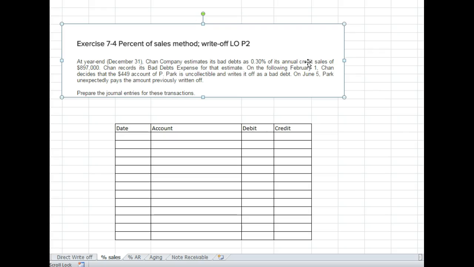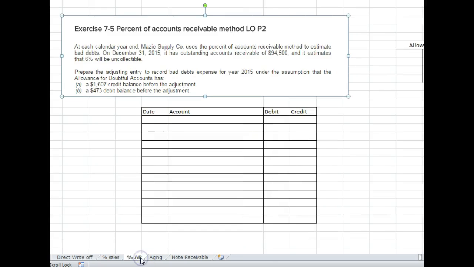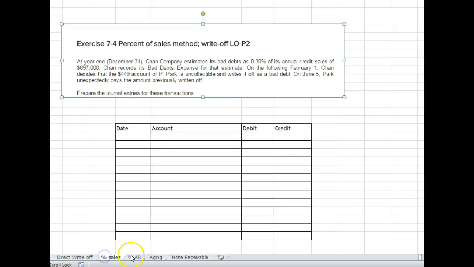When you use this method, this is the one where I said you do not do adjusting to the allowance account if there's already a balance in it. There is percent of accounts receivable, and this looks at all of your accounts receivable from prior years. So this one does require an adjustment. These two are fairly common.